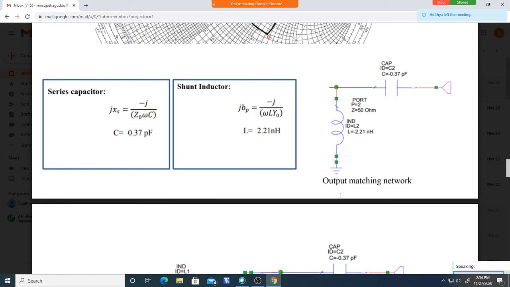They do not ask for design, just for checking conditional or unconditional stability by a graphical method. In such a case, you have to draw the input and output stability circles, and you should mark which region is stable and which is the unstable region.